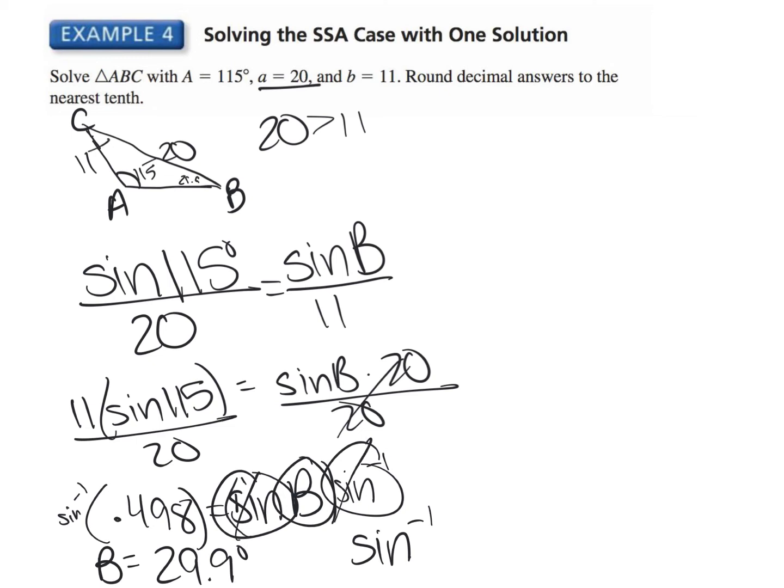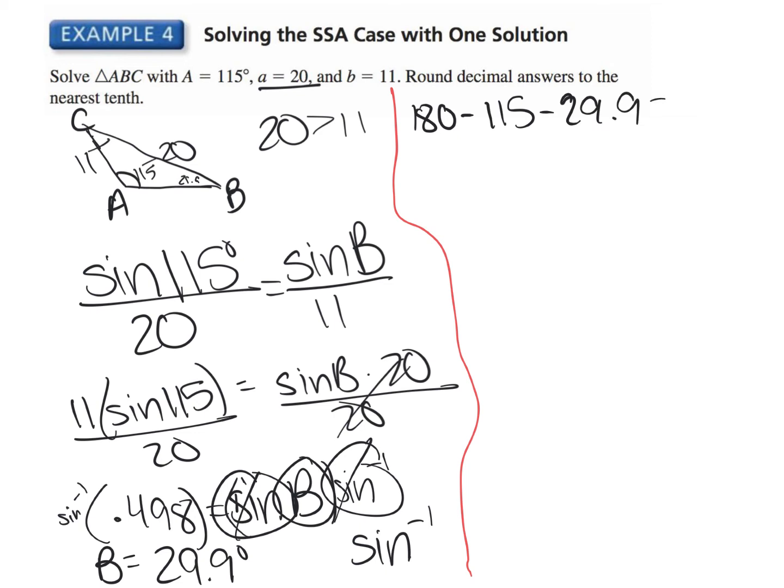We can go ahead and find our angle C by using our triangle angle sum theorem. All that is taking 180 and subtracting our angle values by it. So minus 115 minus 29.9, that gives us 35.1 degrees, and that is big C.